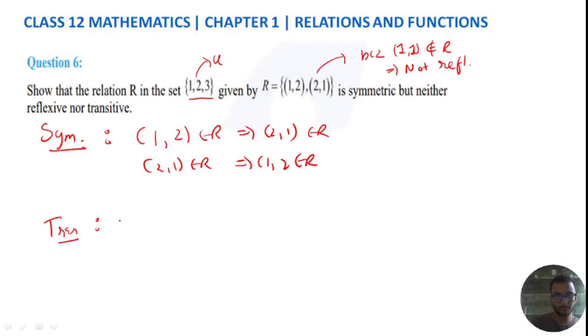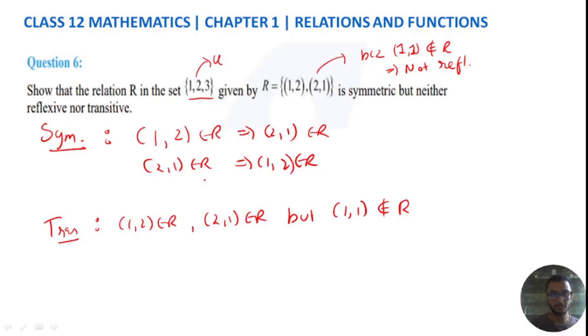It is also very easy. (1, 2) is in R, (2, 1) is in R, but (1, 1) is not in R. (a, b) is in R, (b, c) is in R, but (a, c) is not in R, which implies it is not transitive. That's all. We are done with question 6 also.